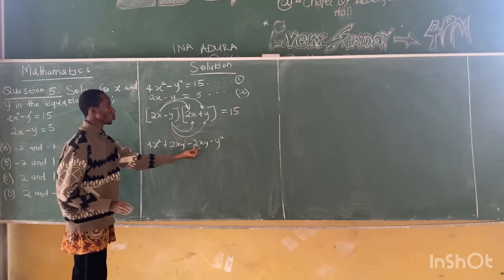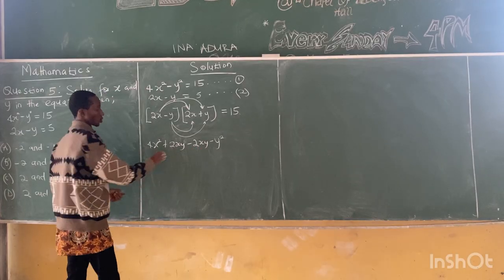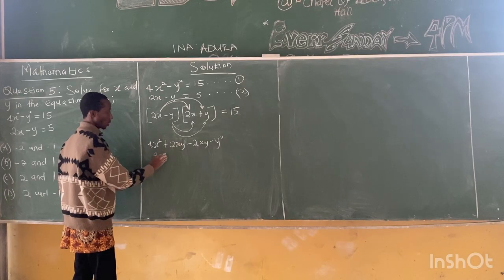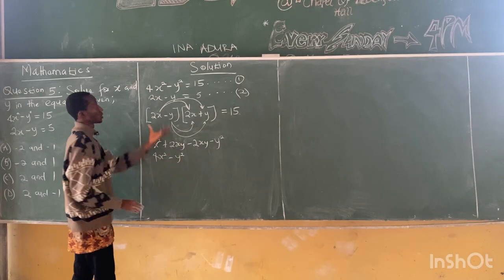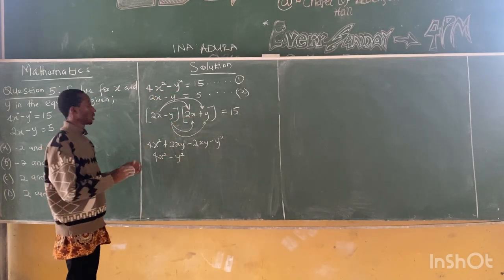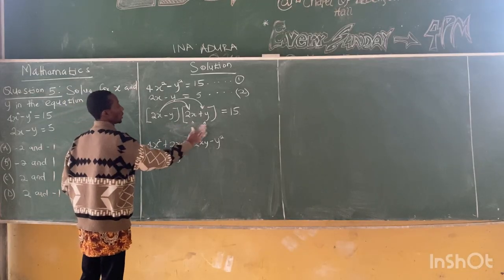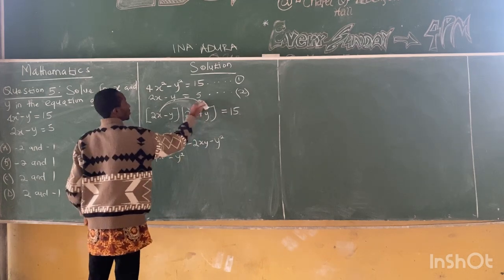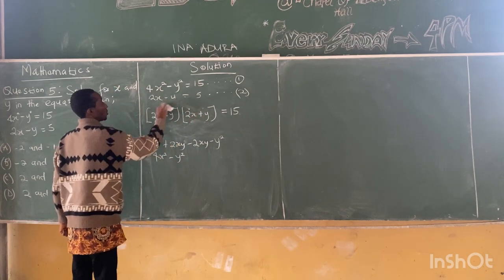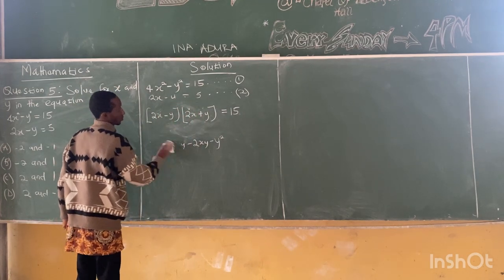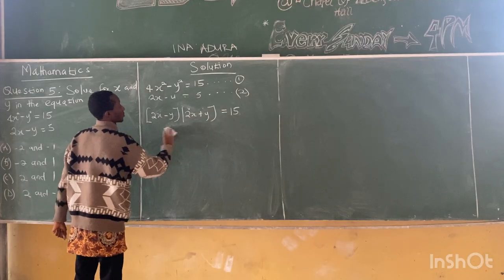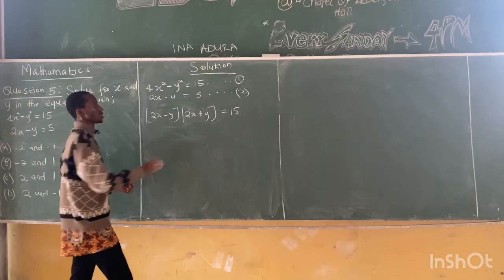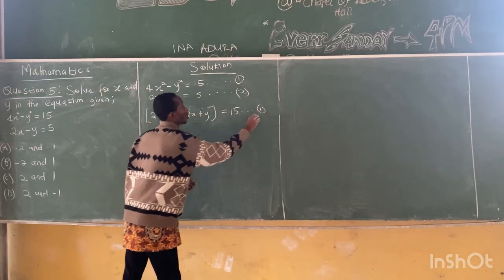Plus 2xy minus 2xy will cancel out, so we are left with 0. We have 4x squared minus y squared, which was the initial value we had. So this is called the factors of the difference of two squares. Now we have this to be the same thing as our equation 1.